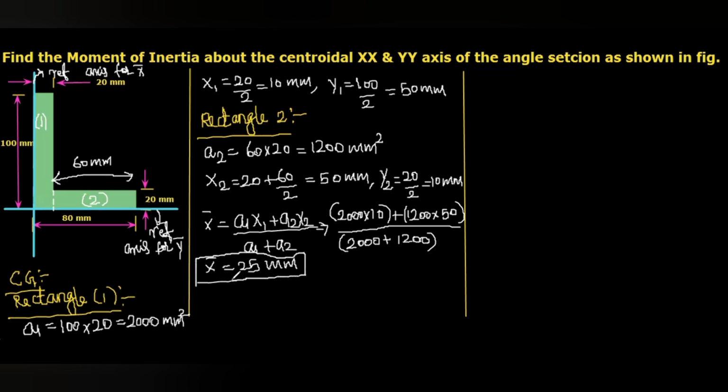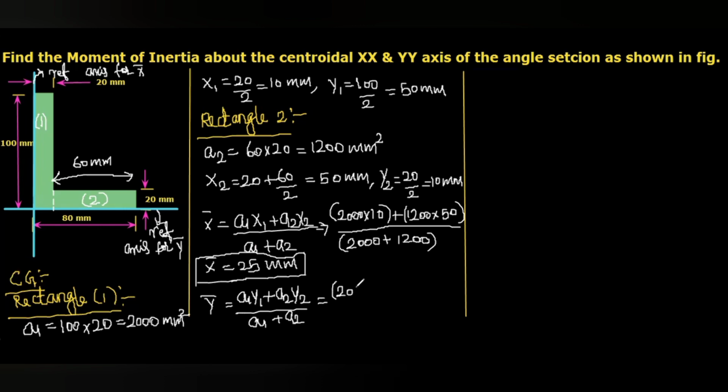Same way we have to calculate y bar. Here you can see the y bar formula is A1 y1 plus A2 y2 whole divided by A1 plus A2. So then substitute all the values. A1, 2000 multiplied with y1, that is 50, plus A2, that is 1200 multiplied with y2, that is 10.